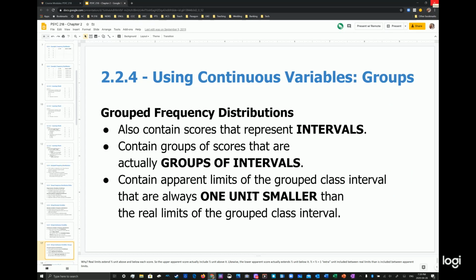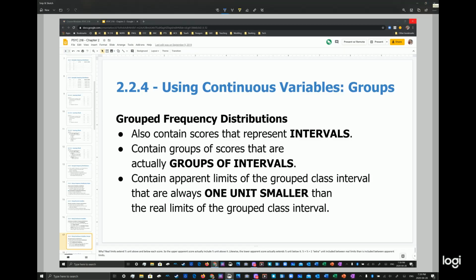Okay. Again, the same applies for group frequency distribution for continuous variables. One thing you want to remember here is that the apparent limit for these group class intervals is always 1 unit smaller than the real limits of the group class interval. Now, we will not be covering the group frequency distribution for continuous variables in too much detail, but these are the instructions for that as well.